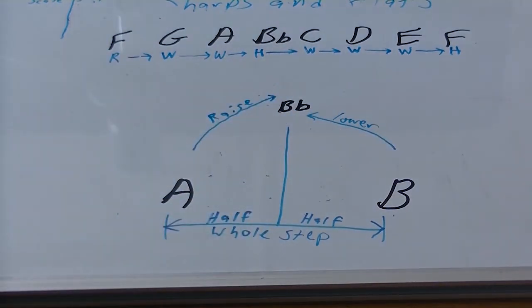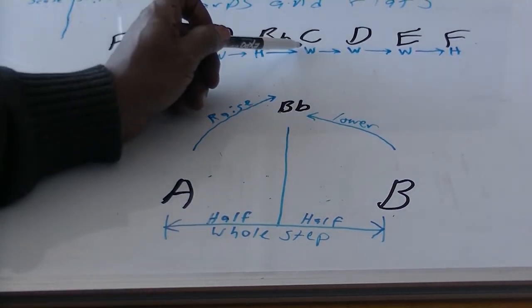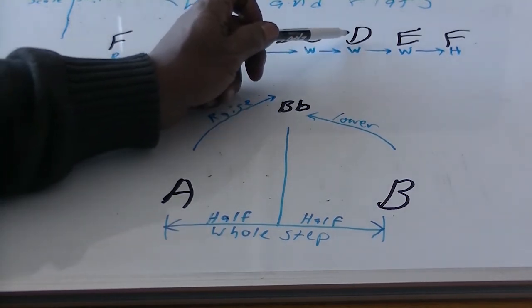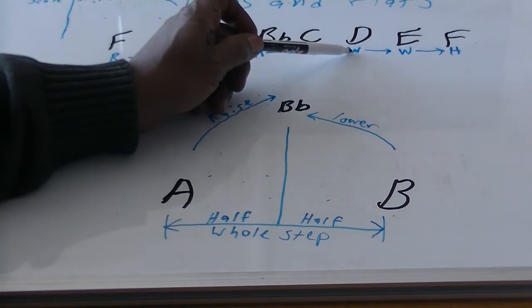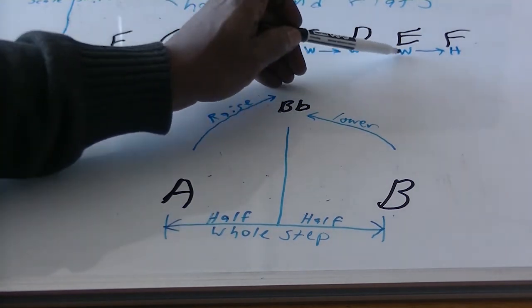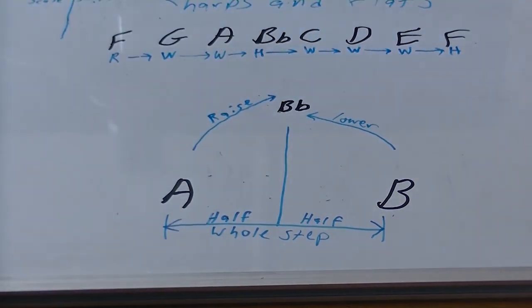And if we take B and we go up a half step, we get the note C. So that's our note here. So we're at C. We need to go up a whole step. That gives us D. And from D, we need to go up a whole step. That gives us E. And finally, from E, we need to go up a half step, and that gives us F.